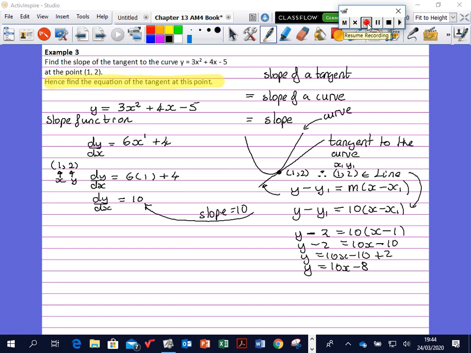And this is the equation of the tangent to the curve at the point 1, 2. And this equation is y equals 10x minus 8.